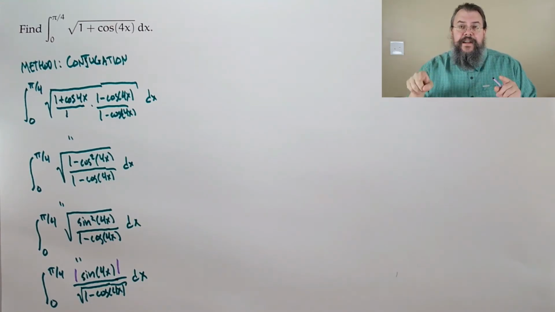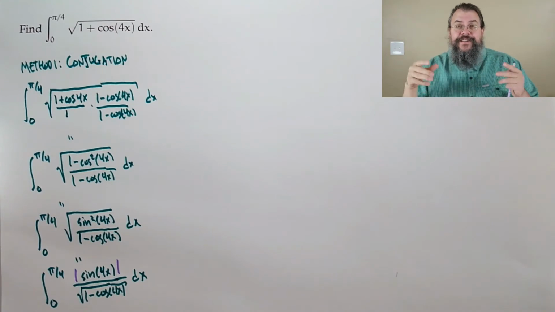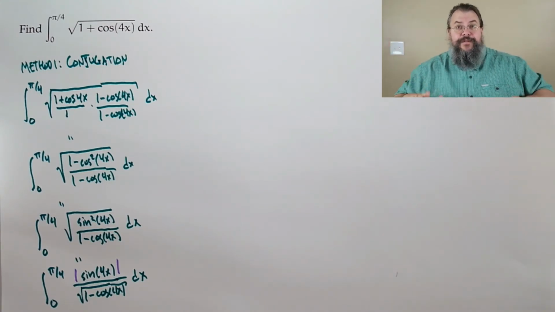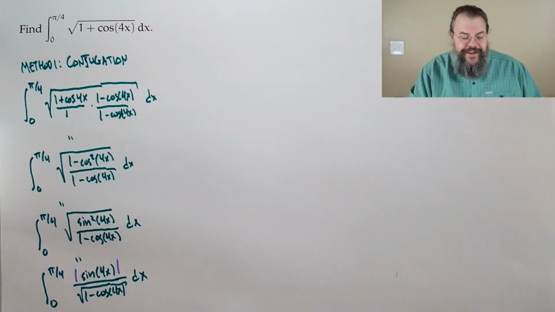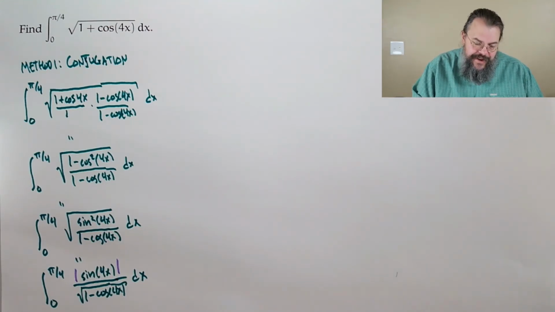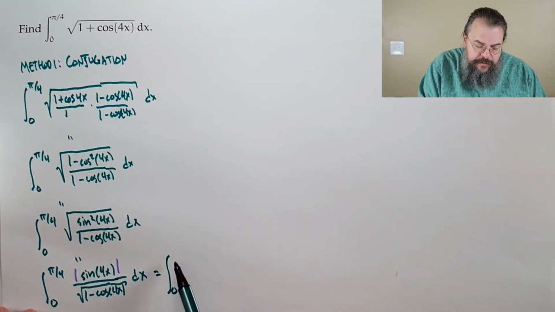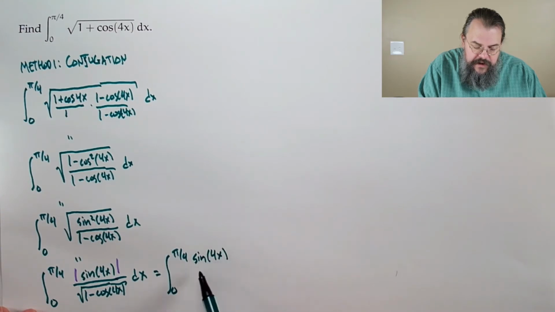The sine corresponds to the y values. So if we're on the top side, sine is greater than or equal to 0, which means we don't need the absolute value. Okay, whew. Good, good. So this really is just the integral from 0 to pi over 4. I'll rewrite it again: sine of 4x over the root of 1 minus cosine 4x.